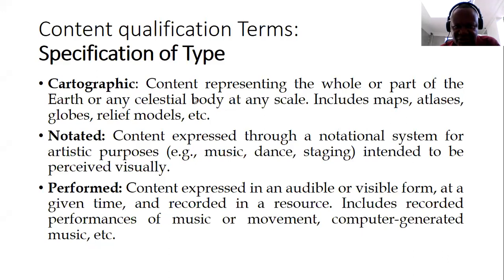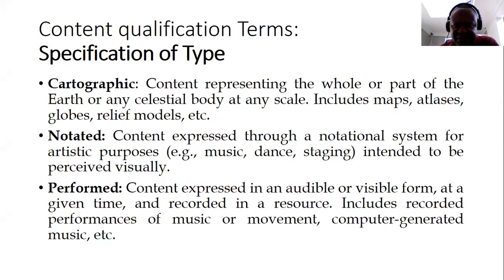These are water bodies, oceans, lakes, at any scale. And they include maps, atlases, globes, relief models, all those materials that represent the earth or part of the earth are referred to as cartographic materials.